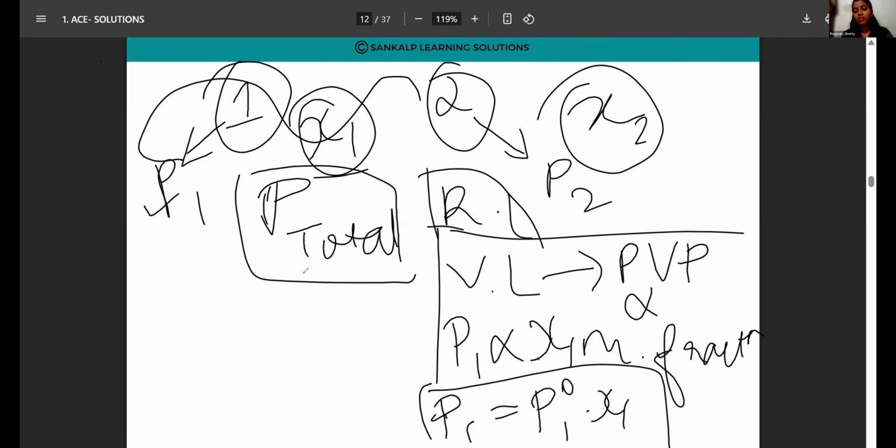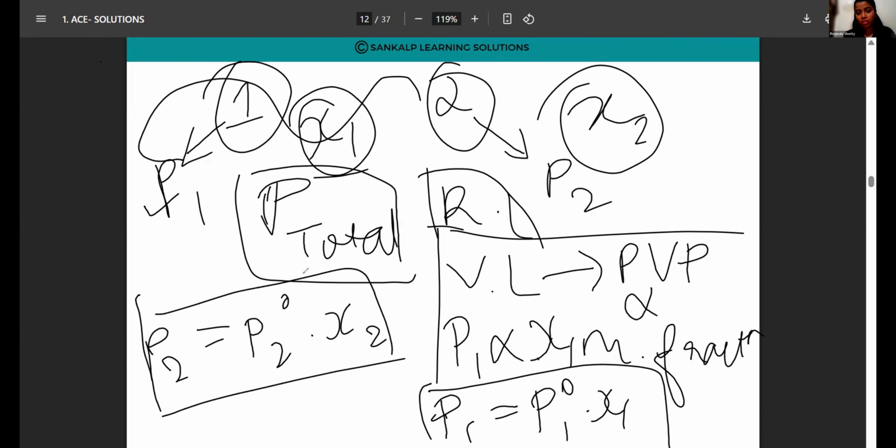Similarly, this is just for one component. The next component would be P2, which is P2 naught into X2, its mole fraction. Again, these two equations should be considered so that you can understand the further explanations.